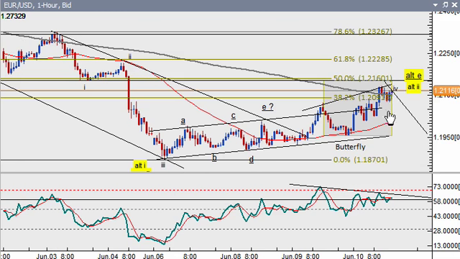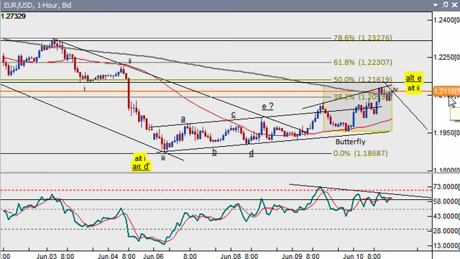Even though 2 and 4 should have different forms, 4 here appears too large in scale, but it could be 4, and that means it can't go above 1.2150, which is here, wave 1. So that's one count. Another possible one is that this whole wave is 1, and then we're in 2, and the third wave is coming up.